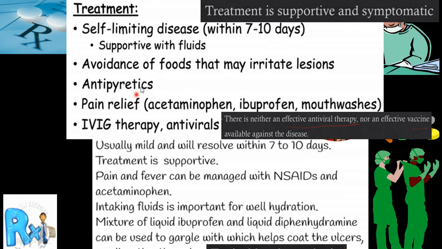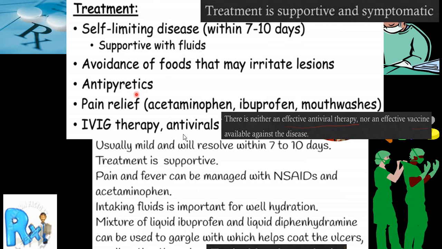If the person is having fever, antipyretics, and pain relief can be by an antipyretic like acetaminophen, or you might have to use ibuprofen, mouthwashes, etc. IV immunoglobulin may be used in a person in whom there is a possibility of aseptic meningitis, etc.